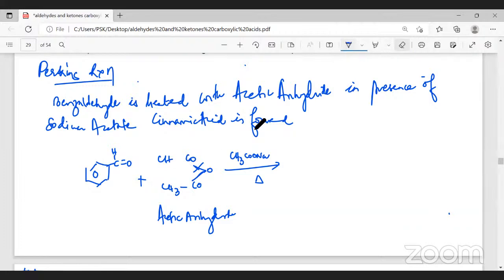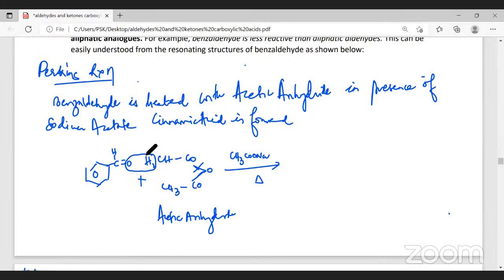This CH3, I write as CH and H2. CH3CO, I've written it as H2CH for our understanding. What happens is there will be a reaction. This water gets eliminated, not directly as a byproduct. This water which is formed, hydrogen will attack this oxygen, OH will attack this carbon.